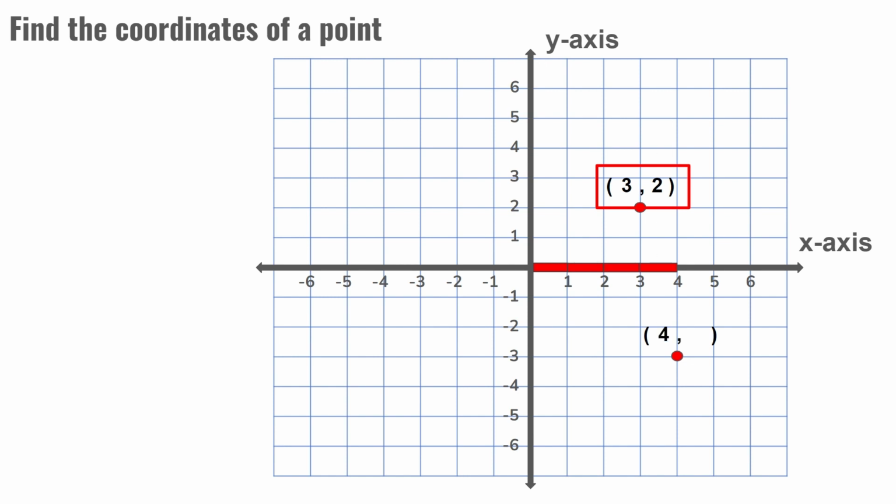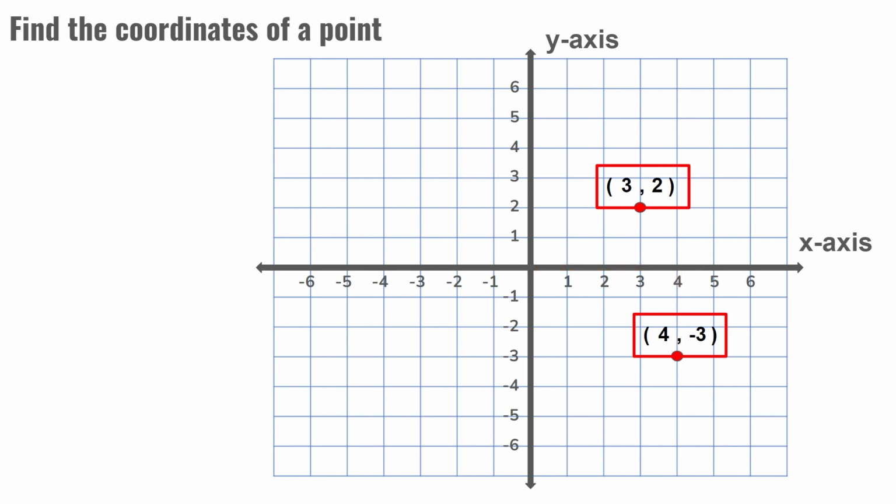Next, which direction along the y-axis should we move, and how many spaces should we move in that direction? That's right. We'll need to move 1, 2, 3 spaces in the negative direction, which means the second number in the coordinates of the point is -3. So the coordinates of the point are +4 and -3. Excellent job.